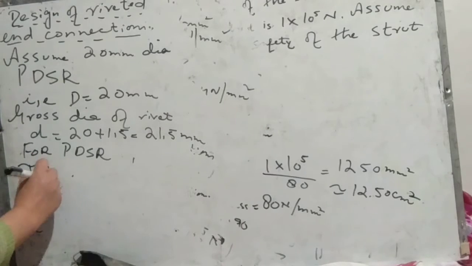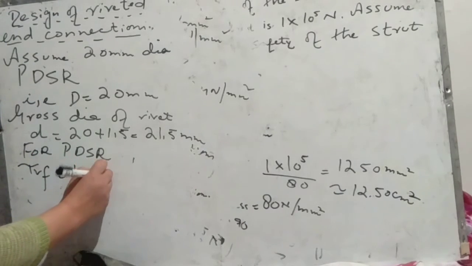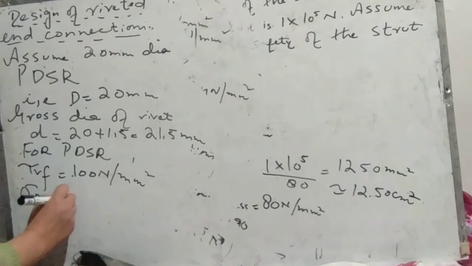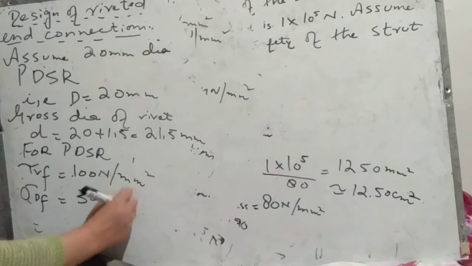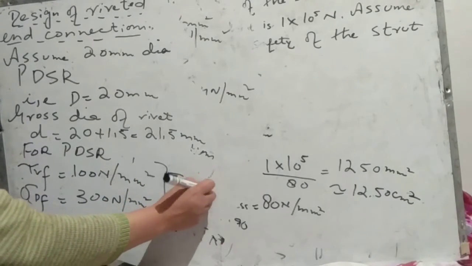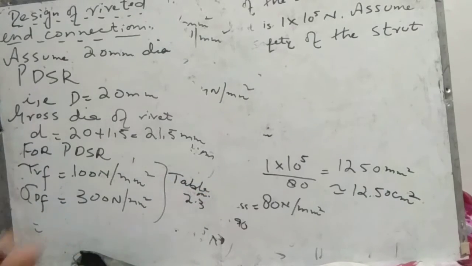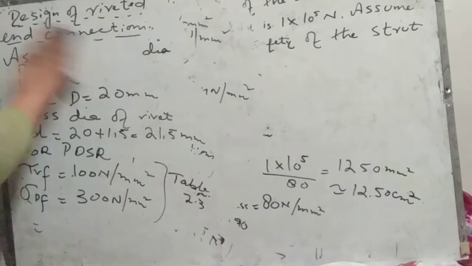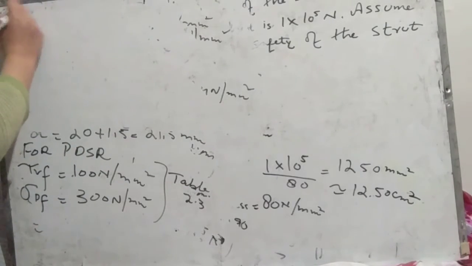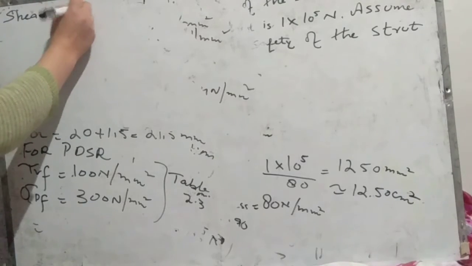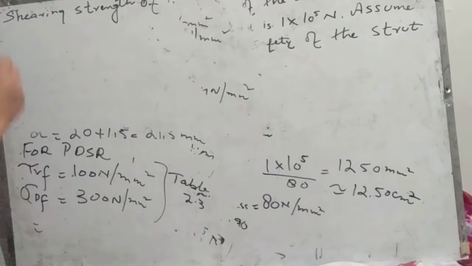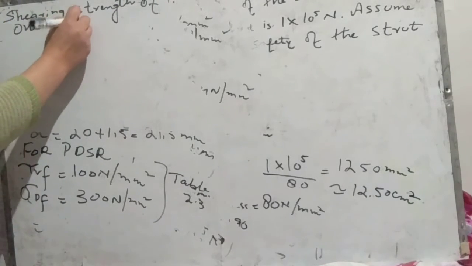Your shear stress for power driven rivet will be 100 Newton per mm square, and permissible bearing stress will be equal to 300 Newton per mm square. These you have to remember, and for these refer to table 2.3 of the book. Now we will determine the shearing strength of one rivet.